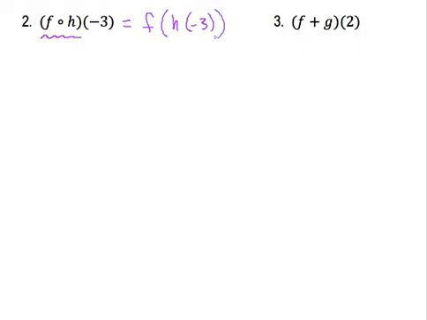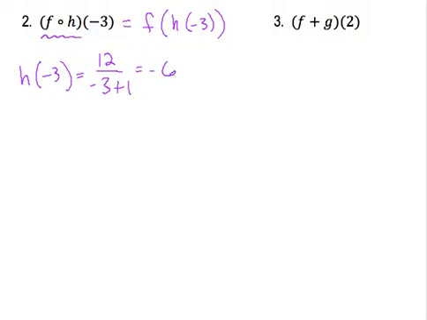Essentially, we're going to plug negative 3 into the h function and then take that result and plug it into the f function. So the h function, if you look at the top of your paper, was 12 over x plus 1. So we're going to do 12 over negative 3 plus 1, and we get 12 over negative 2, which of course would be negative 6.